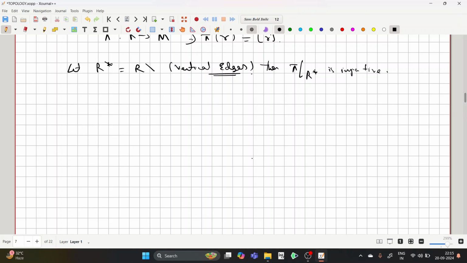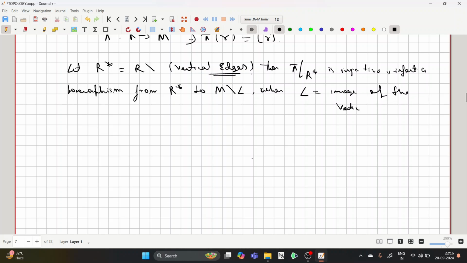This is the first case to observe, and in fact it is a homeomorphism, because I have already defined the topology on M such that this is a homeomorphism from R star to M minus L, where L is the image of the vertical edges of R under π.